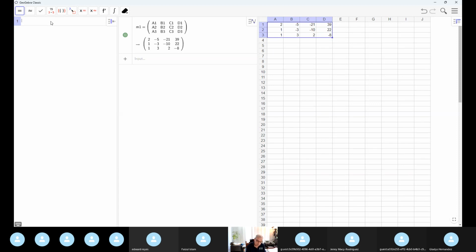The command name is here: reduced row echelon form. The acronym is RREF, which is the same as on the calculator. So, reduce it.